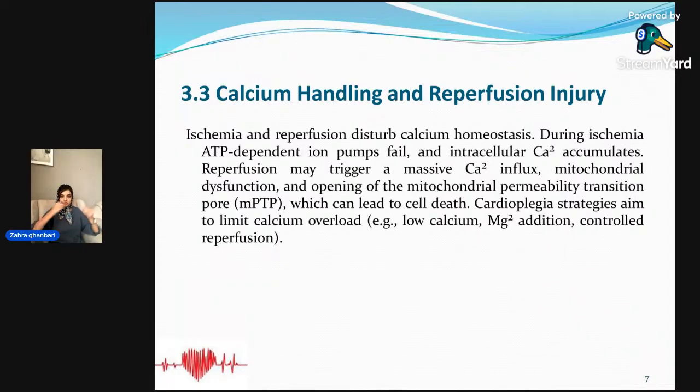When the contraction needs to stop, there are pumps that pump calcium back into the SR, and exchangers like the sodium calcium exchanger, which bring three sodium inside the cell and efflux one calcium outside the cell.